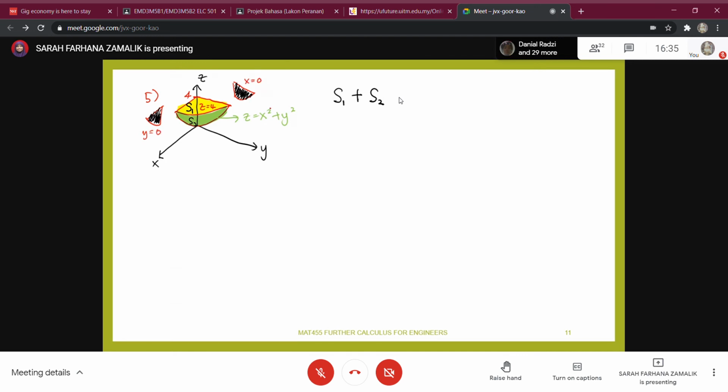So bila kita cari dia punya gradient, of course gradient dia 0 sebab tu surface kat sini 0. Yang ni pun sama, y equals to 0. Bila awak cari gradient, of course 0 juga. Sebab tu kita tak cari, sebab you know, nanti dapat surface integral dia 0. Tapi untuk ini kenapa kena cari dua-dua? Yes, sebab S1 dengan S2 dia ada dua surface tadi.